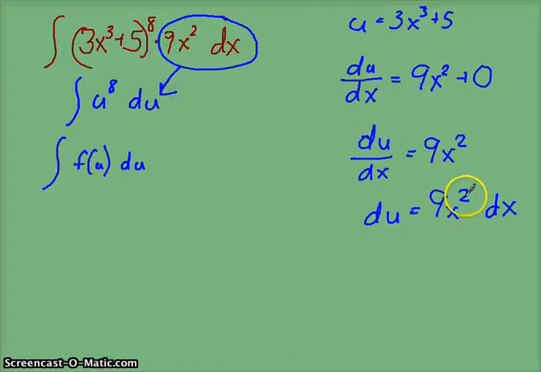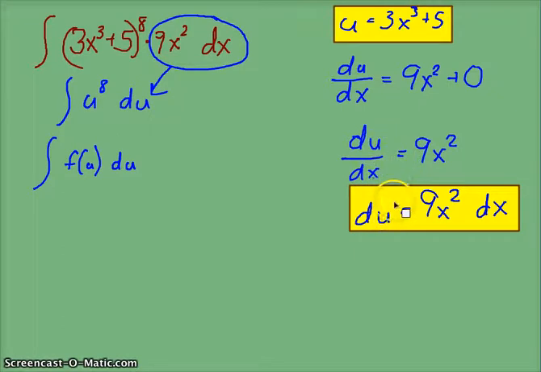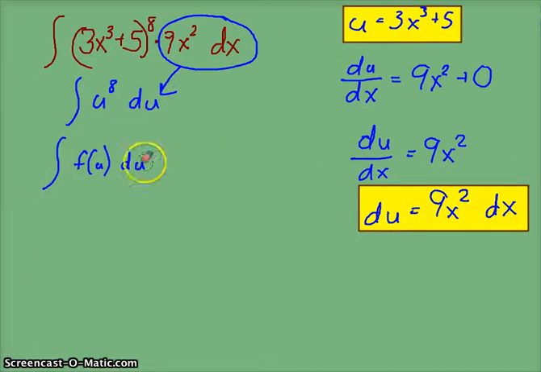What I said before, you're going to start with this. You're going to say, okay, u is that. Find the derivative, and you're probably just going to go to here. I'm just showing you each step of how we get here, but you're probably going to say, oh, du is 9x squared dx. Ah, there's 9x squared dx. Fantastic. That's du, no problem.